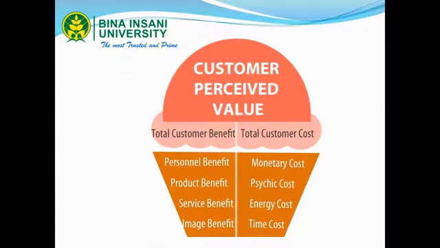The customer benefit includes the personal benefit, the product, the service, and the image. The cost includes the monetary cost, the psychic cost, energy, and the time the customer has to spend in buying the product. I'm not sure if my answer is correct.